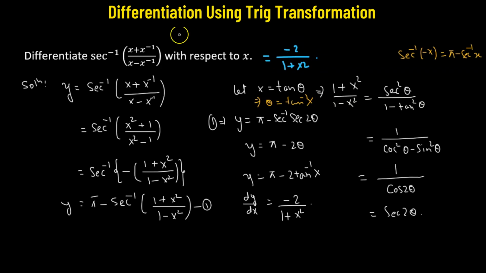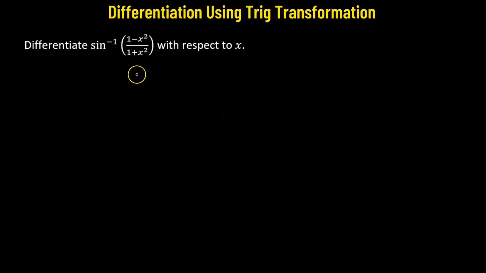Right. Let's move on to the next problem. We'll have to find the derivative of sine inverse of (1 minus x squared) divided by (1 plus x squared). So let's begin by considering y to be equal to the inverse sine of (1 minus x squared) divided by (1 plus x squared). So here we will make a trigonometric transformation.